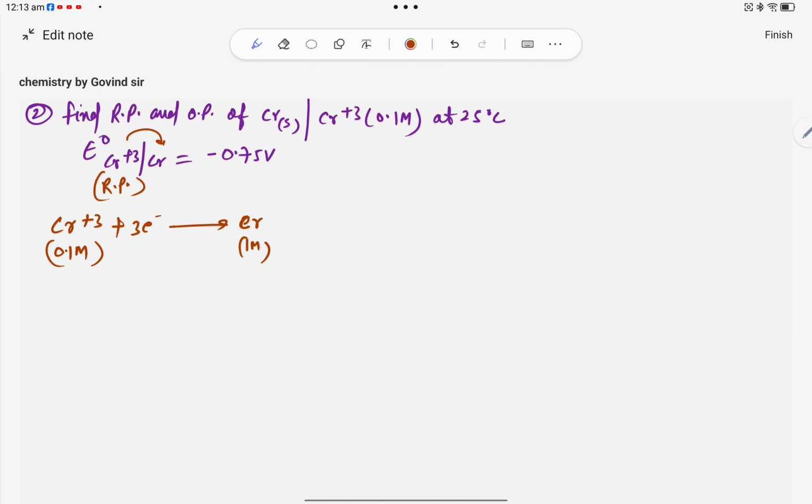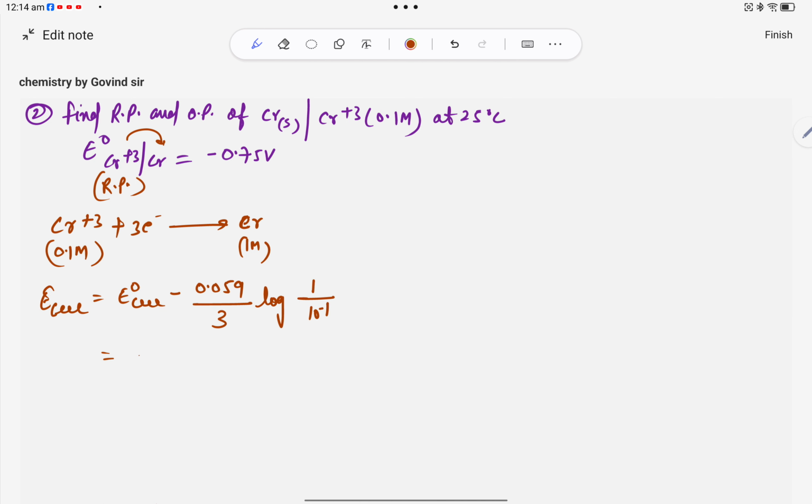So again formula, E cell is equal to E naught of cell minus 0.059 by 3 log chromium. So solid 1 and 10 to the power minus 1.